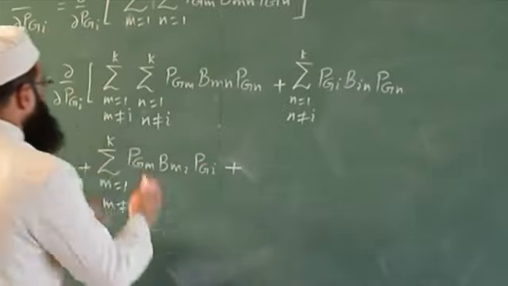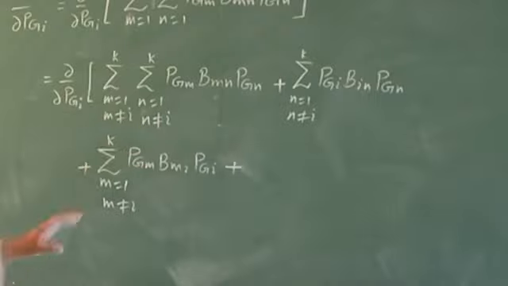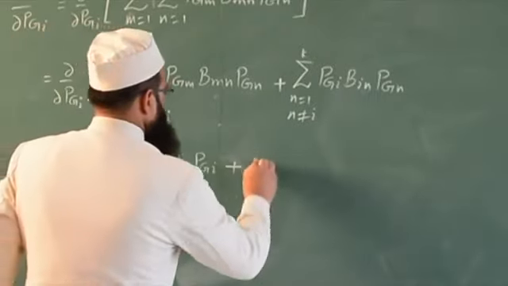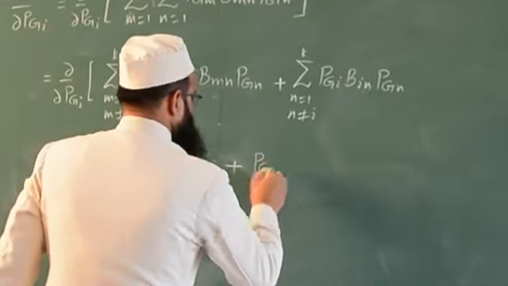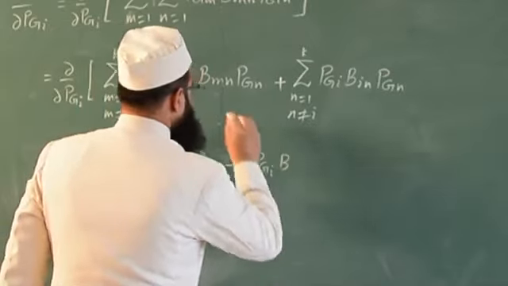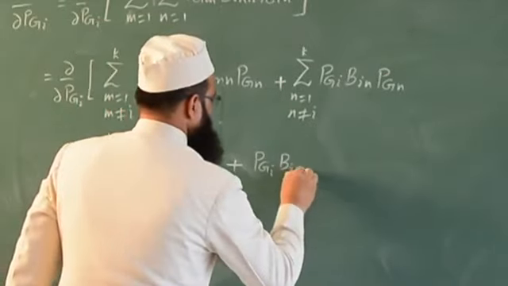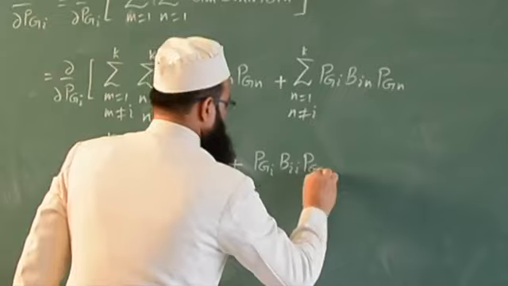Plus when both m is equal to I and n is equal to I, this will be PGI BII PGI.